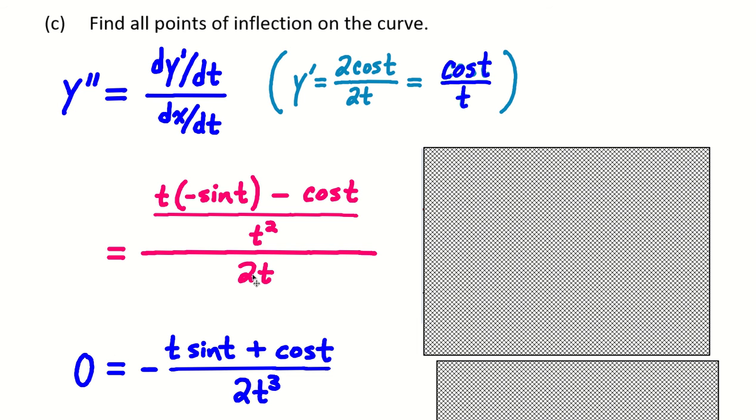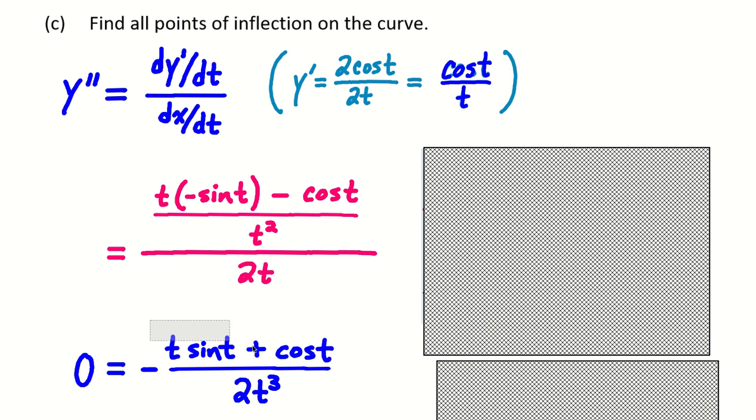Instead of dividing by 2t, you can multiply by 1 over 2t, and that's why we end up with 2t cubed down here. And remember, to find points of inflection, we're going to set this equal to 0, right?